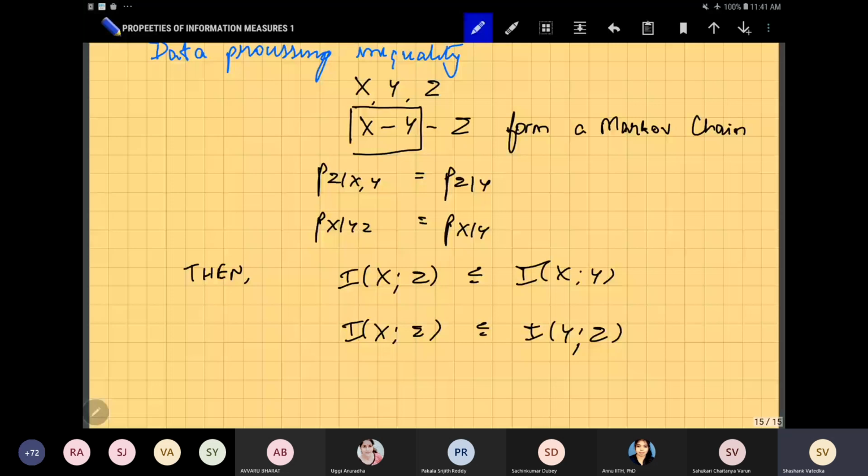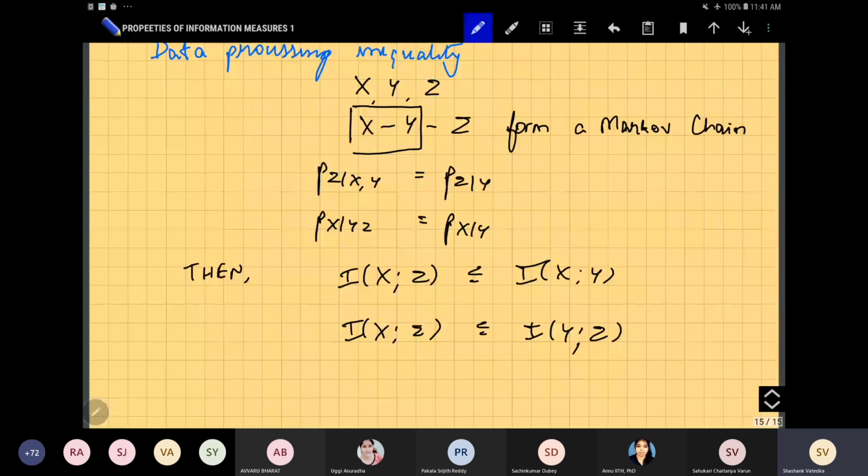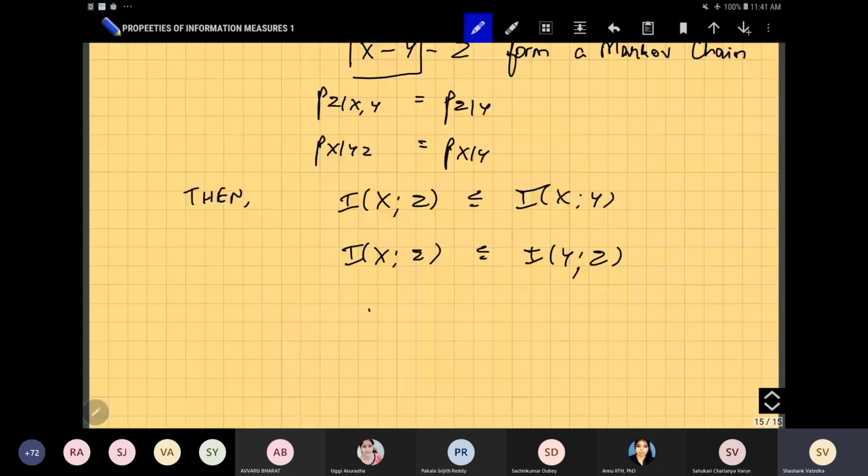So here the problem is you have some input X that you want to estimate or get information about, but what you observe is Y. And what the data processing theorem says is that no matter how you do this post-processing to get Z from Y, Z can give you no more information about X than Y does.